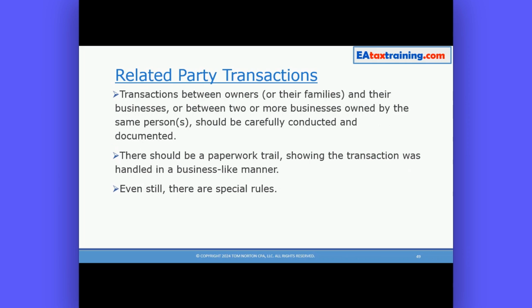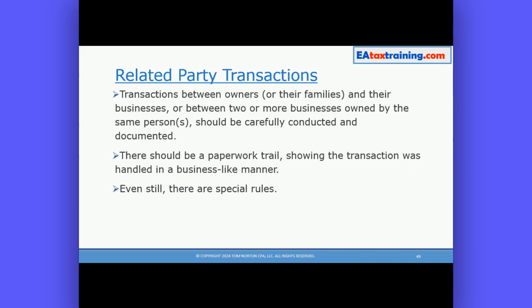You need to be clear that you are doing things in a business-like manner and that you're not giving favoritism because you are related parties. So there should be a paperwork trail showing that the transaction was handled in a business-like manner. And even then, there are special rules.